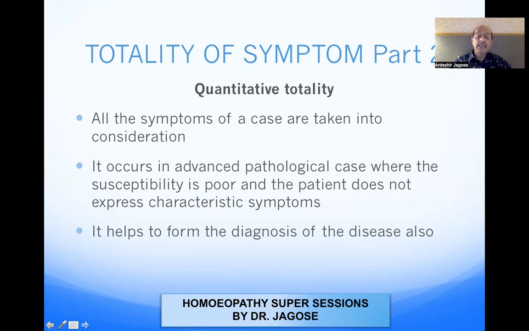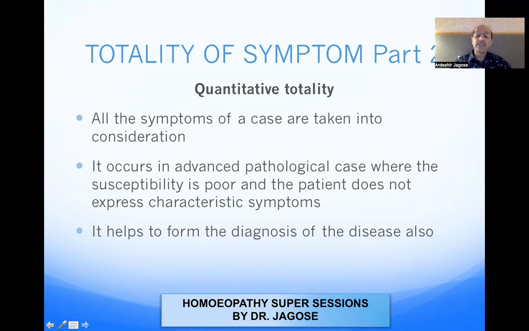So in an advanced pathological case where the susceptibility is very poor, weak, enfeebled, naturally, the patient will not express characteristic symptoms. Only common symptoms of the disease will be expressed. So you have no other choice than to take the common symptoms and prescribe. Therefore, it helps to form the diagnosis of the disease also.